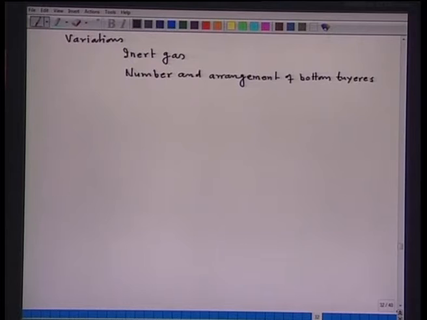Because once you decide to inject gas through the bottom, the natural question arises: what should be the amount?